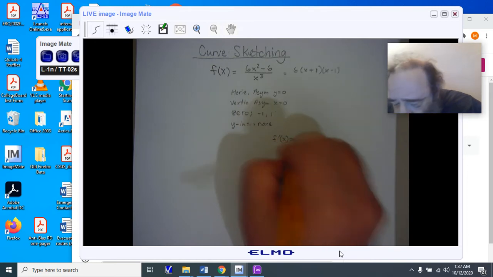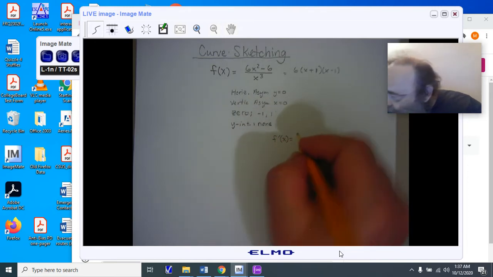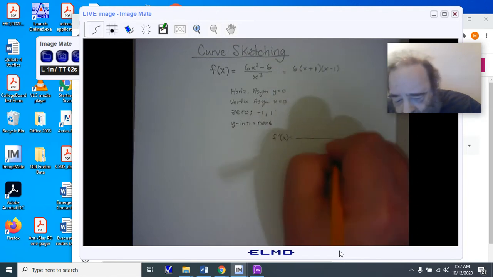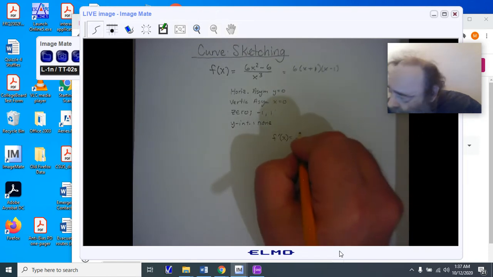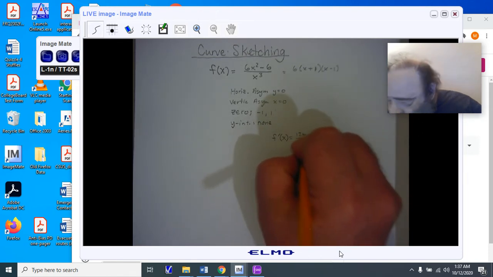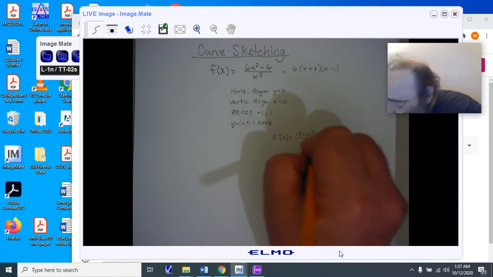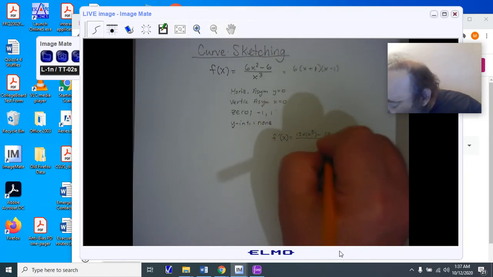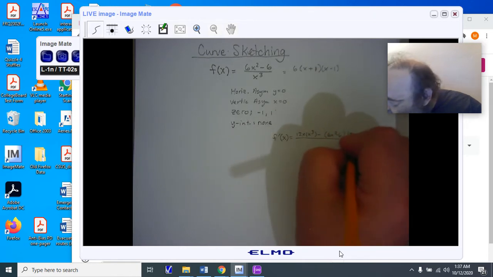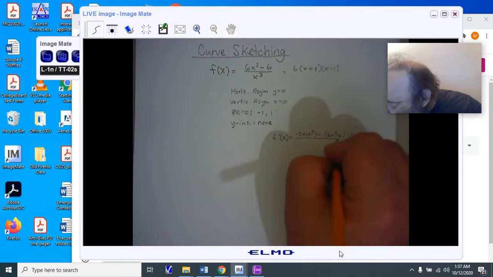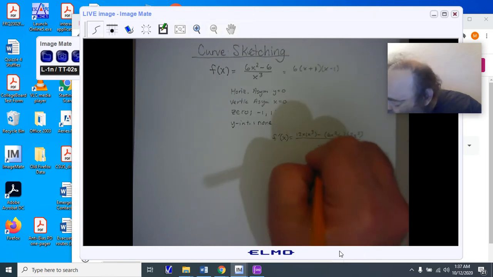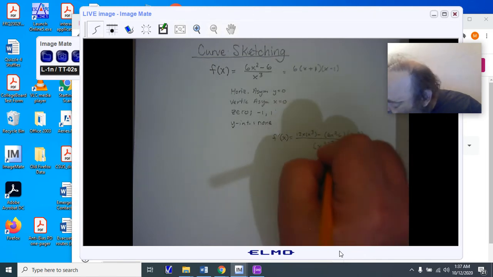I'm going to be using the quotient rule. Low d high, less high d low, square the bottom, and away I go. I end up getting a 12x times x cubed, and I'm subtracting the 6x squared minus 6 times a 3x squared, and this is all over x cubed, the quantity squared.